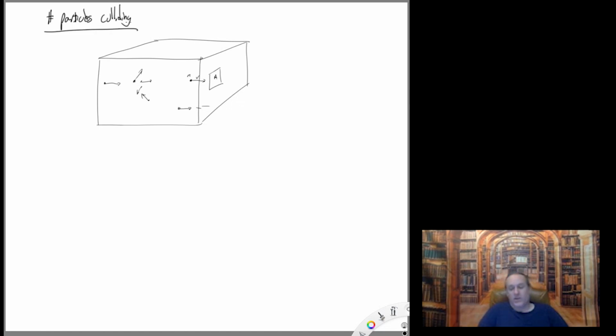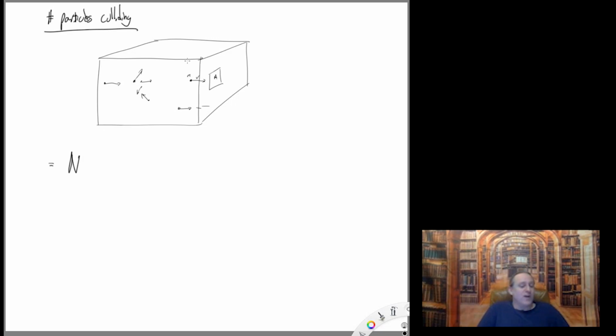So the number of particles colliding is going to be equal to the total number of the particles in the box. And then we're going to sort of fraction off stuff. So first of all, what fraction of the particles in the box are going to be moving to the right? So what fraction are going to be hitting this wall as opposed to one of the other surfaces?